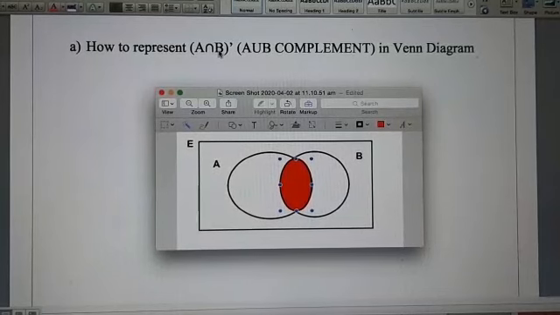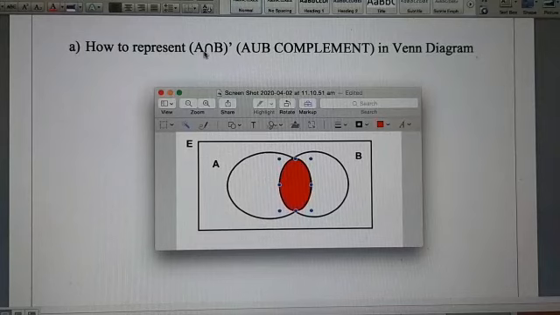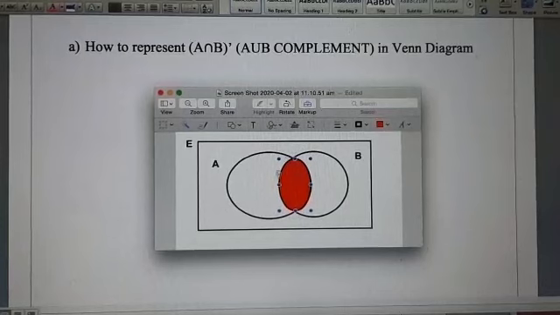Now the problem here is that we have to shade the region that includes A intersection B complement. Now the complement of A intersection B means you are not supposed to shade A intersection B. You are not supposed to include this one. However, in the complement, you have to shade the region outside this overlapping part.